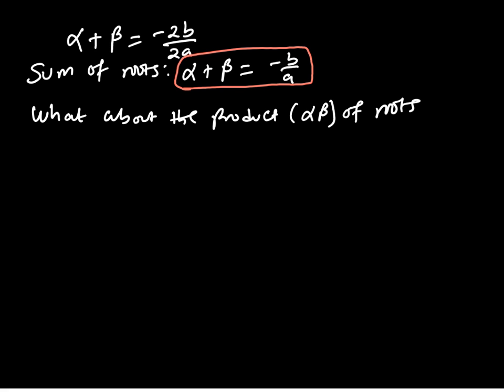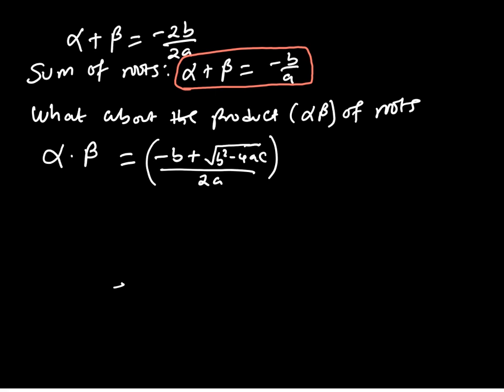If I take the product, what do I end up with? Remember we had alpha was equal to minus b plus the square root of b squared minus 4ac divided by 2a.